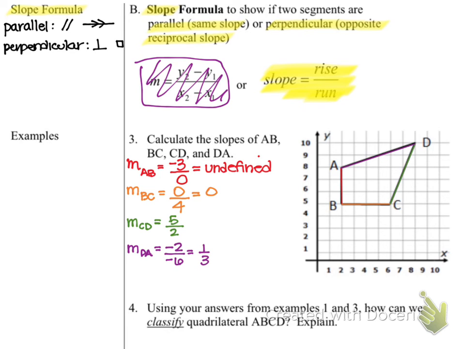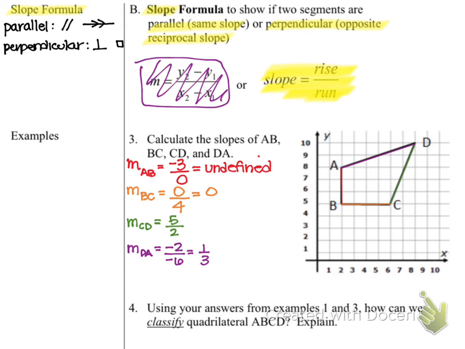Okay, so we went through, we calculated a whole bunch of slopes. Now we want to pull together the stuff that we did the previous class and this class. So since I'm on this screen, I'm going to stay here for a second. I'm going to ask myself if any of these slopes are exactly the same. If they are exactly the same, that means those 2 line segments are parallel.